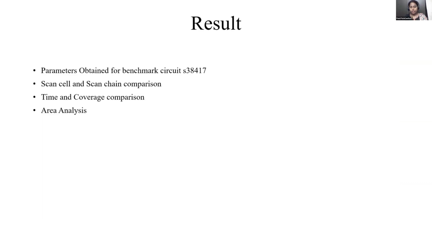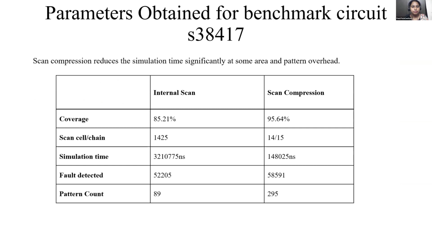Now let's talk about the results. First, I'll show you the results for the 38417 circuit, as I already mentioned. After that, I'll show you the comparison for all the circuits. For this one circuit, there will be a scan cell and scan chain comparison, a time and coverage comparison, and then area analysis.